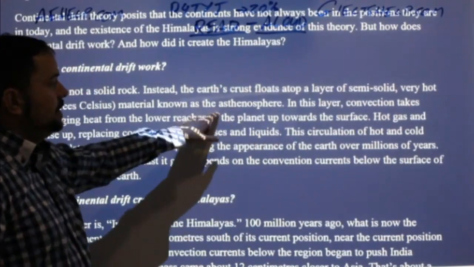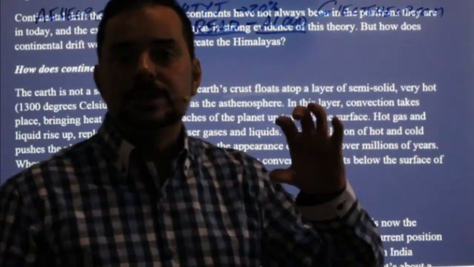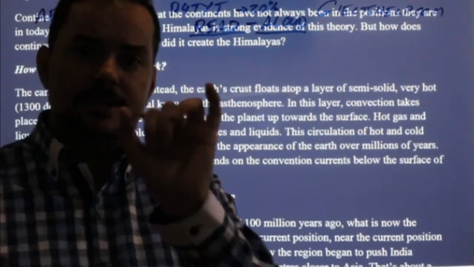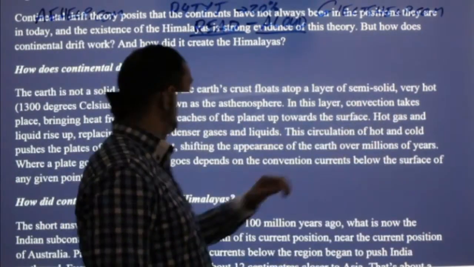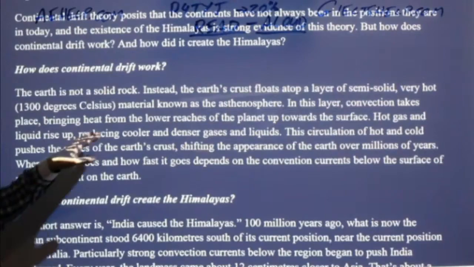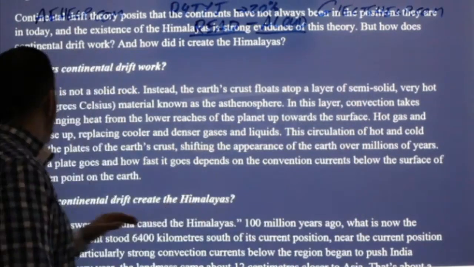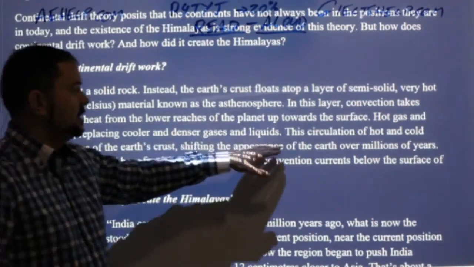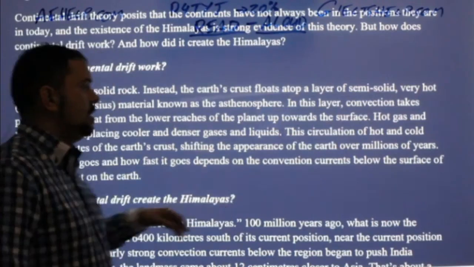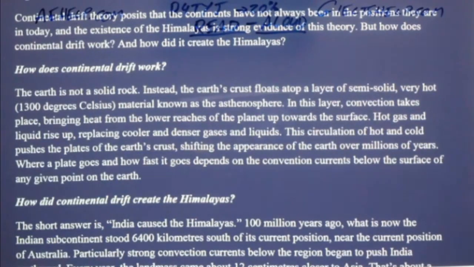And again, that fluency that I was showing you, that reading fluency will help train your eyes to catch words quickly. So asthenosphere: in this layer, convection takes place, bringing heat from the lower reaches of the planet up towards the surface. Hot gas and liquid rise up, replacing cooler and denser gases and liquids. This circulation of hot and cold pushes the plates of Earth's crust, shifting the appearance.